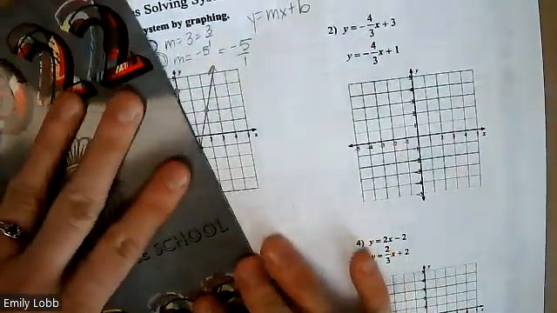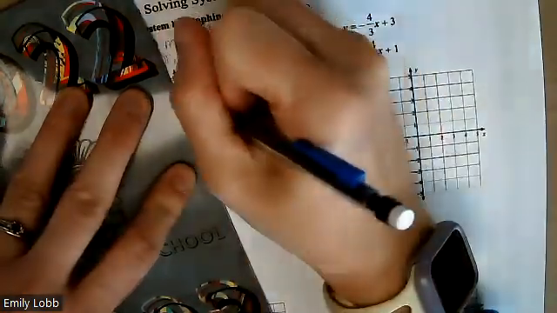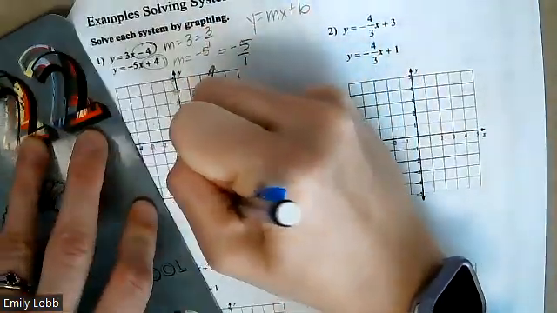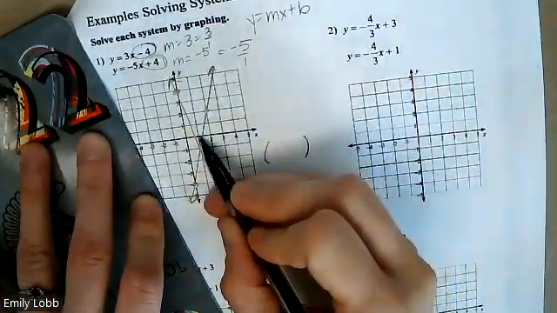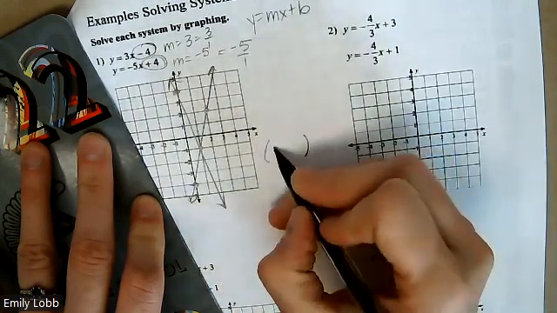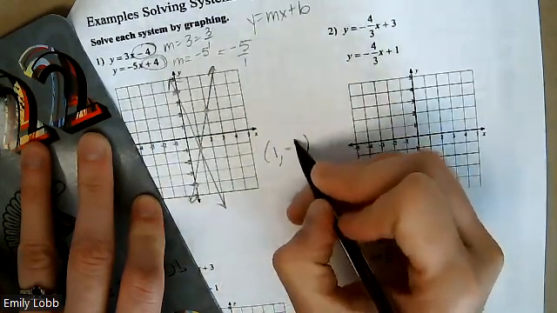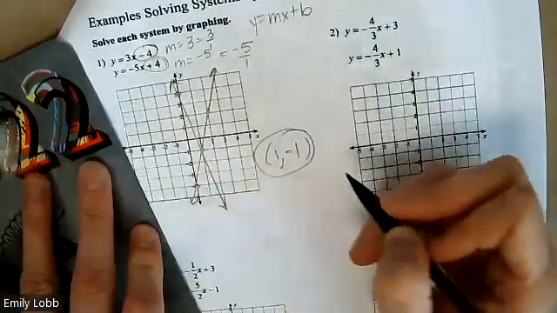So you should see right away where you intersect, which is at the point. What does x equal there? X equals 1 and y is -1. That's where they intersect for number 1.